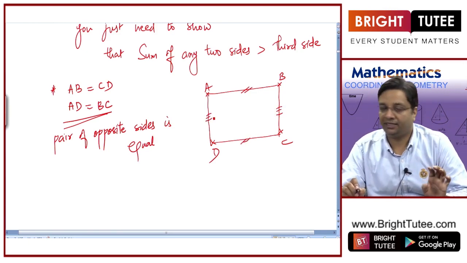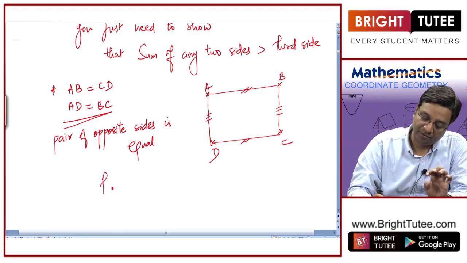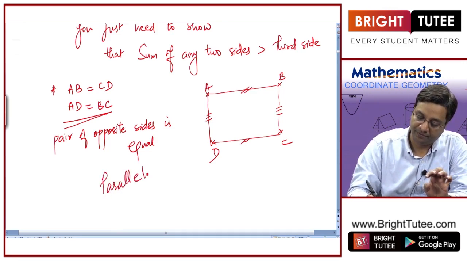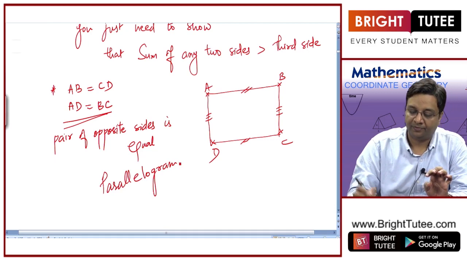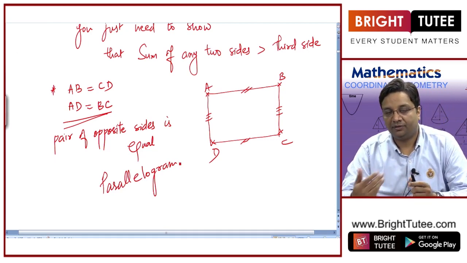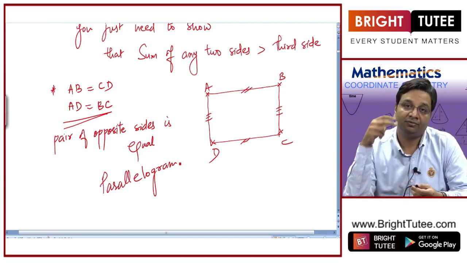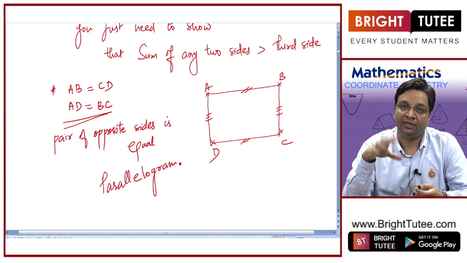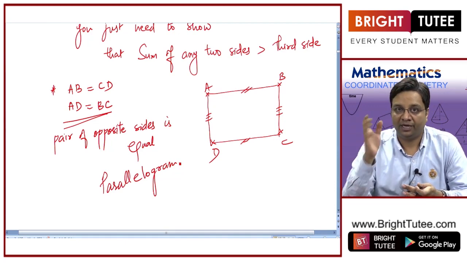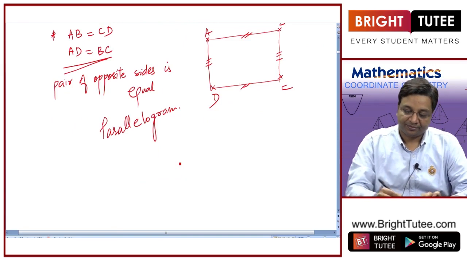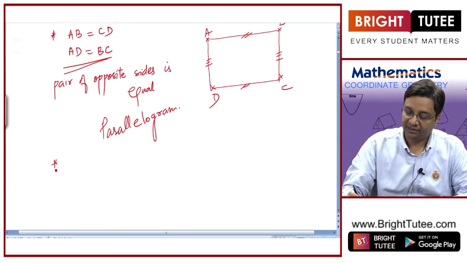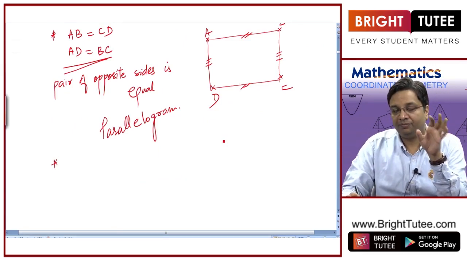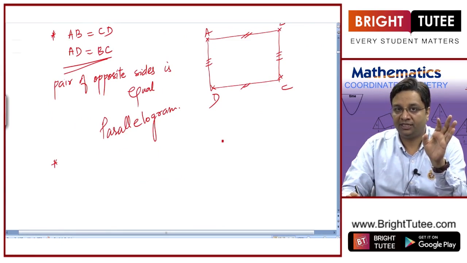Then I can clearly say that this quadrilateral is a parallelogram, right? In class 9th you studied that if the pair of opposite sides is equal, then that quadrilateral is a parallelogram. And the next result we can write is, if let us say we have shown that the pair of opposite sides is equal.